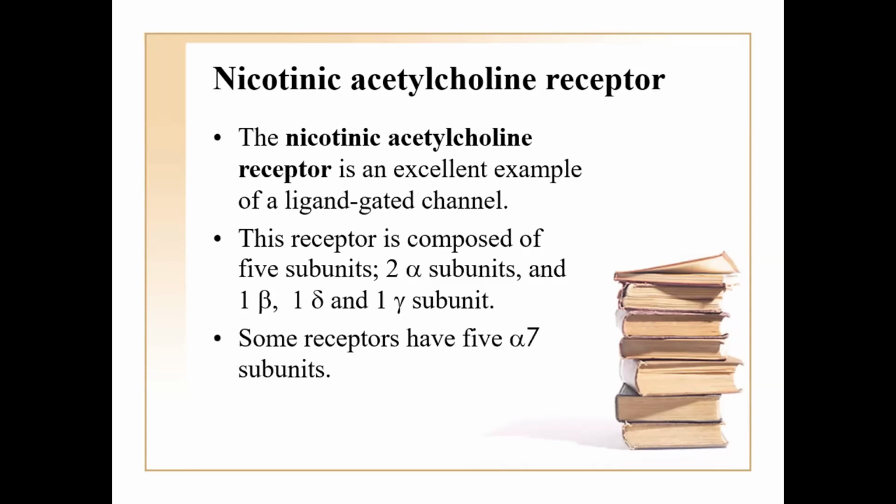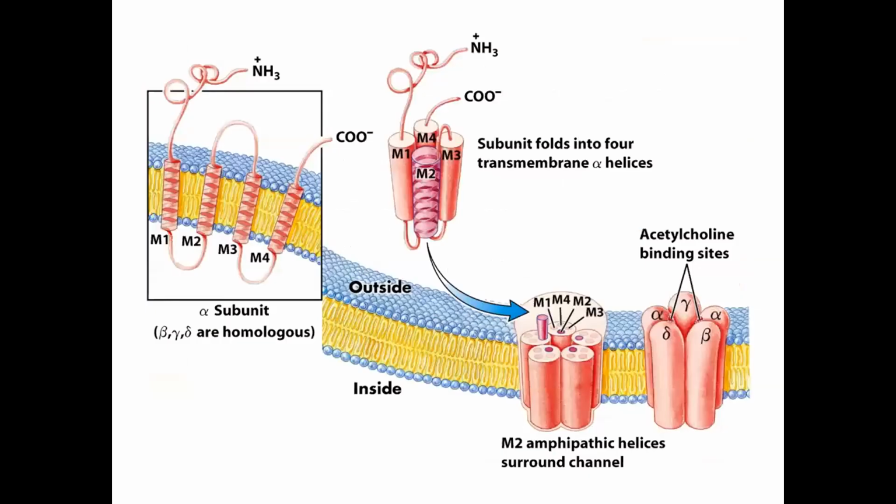So each of these subunits has 4 transmembrane domains. And they form this little battery, I guess you could call it. And each of these are designated M1, M2, M3, and M4.